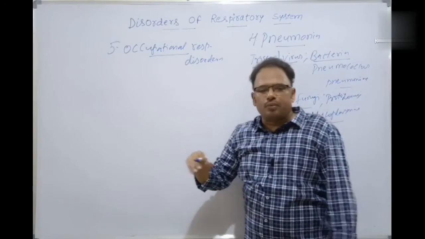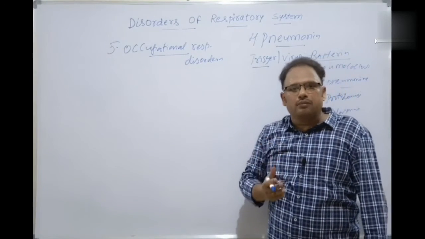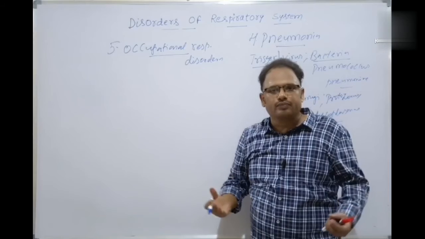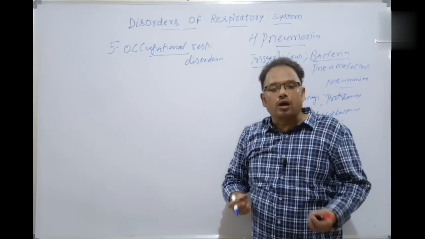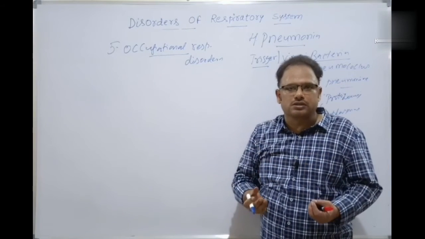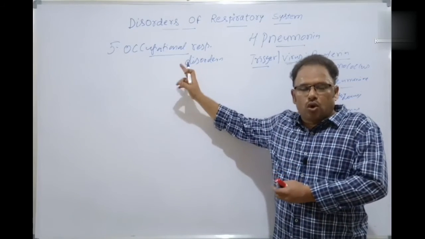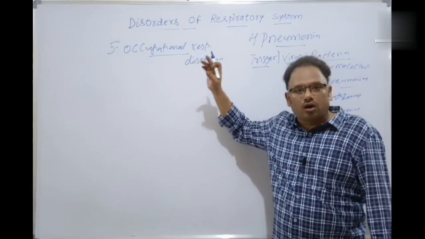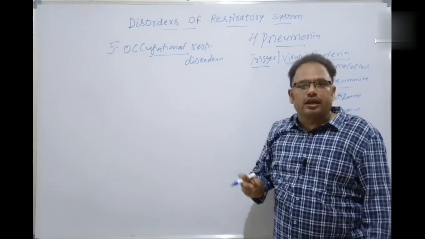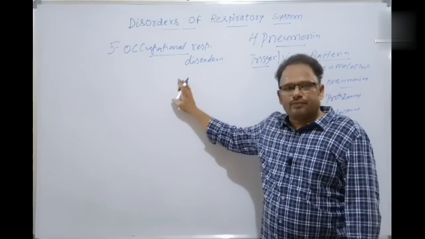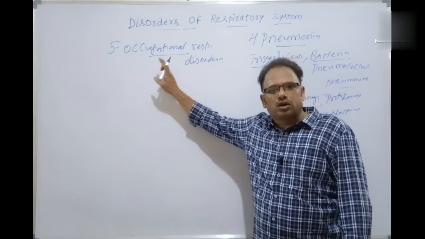A few people who are working in the mine, metallurgy, construction, tunneling, excavation works are more prone to certain particles. The normal public are not exposed to such dust. Only the people who are working in so-and-so occupations have a chance that they will get exposed to the dust. And such disorders are called occupational respiratory disorders.